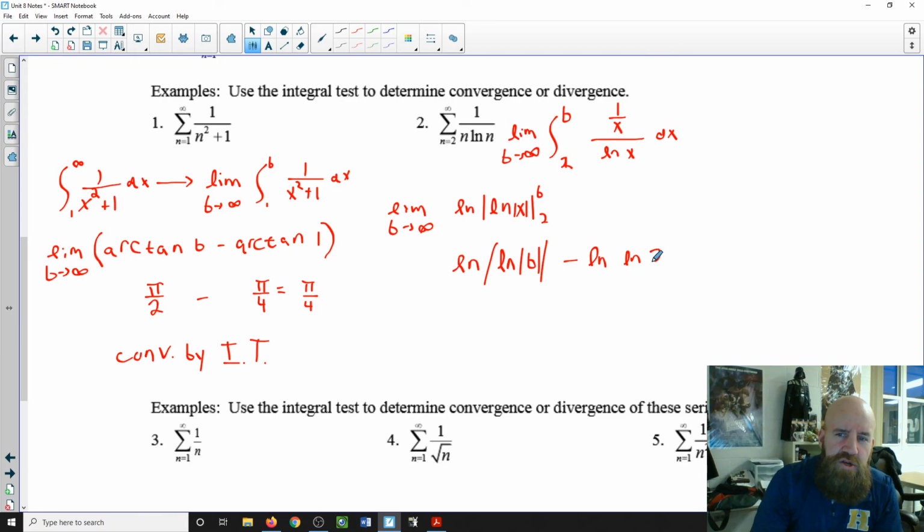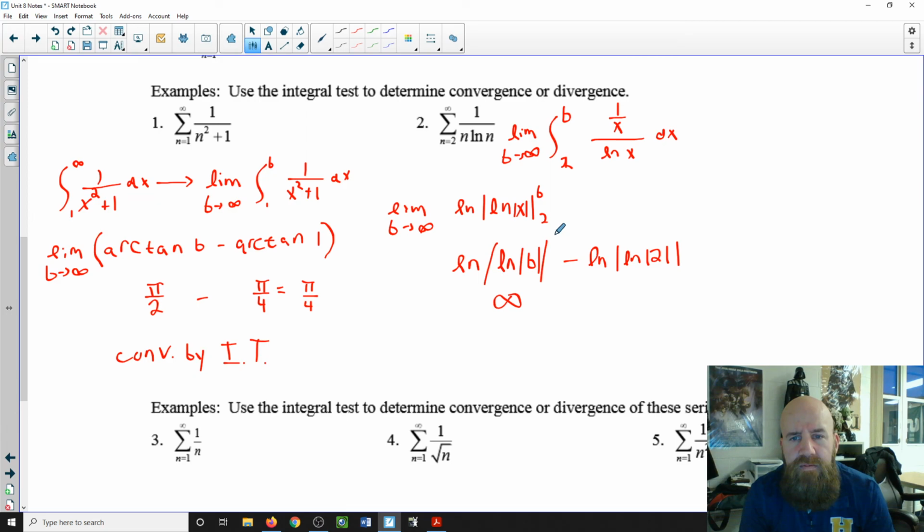So this diverges, because this is infinity right here. And it's going to diverge. So it's diverging by use of the integral test.